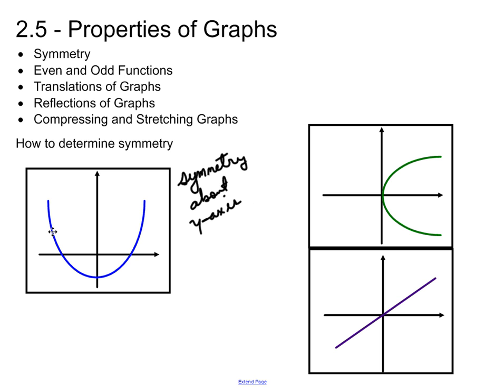Well, for one thing, if we have an x and y coordinate point on one side, there will be a certain similar x and y coordinate on the other side. More specifically, for some value of x, we'll get the same value of y to give us this coordinate x, y, as if we put in the negative of that value of x and got the same value of y.